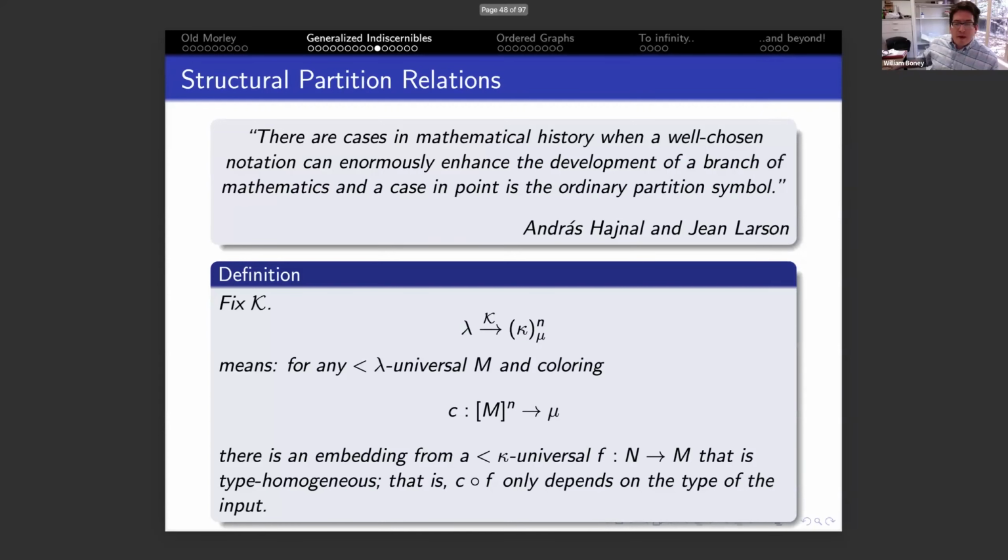I can find some kappa-big N and an embedding from N into M that's type homogeneous. Normally you would ask that only one color is represented, but again, we want to say that I have some tuple from N. There's maybe more than one color in the output, but if I look at the type of that input, there's only one color per type.